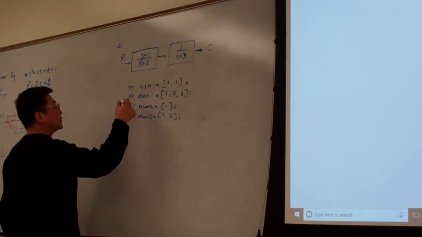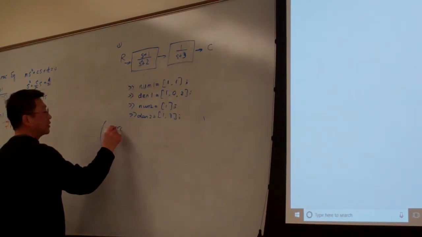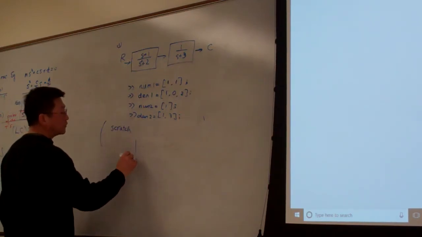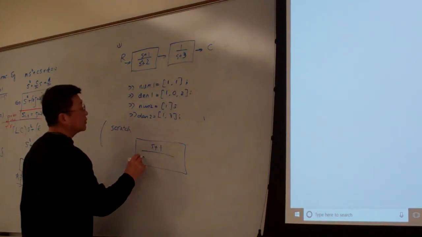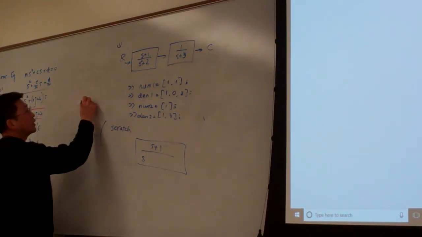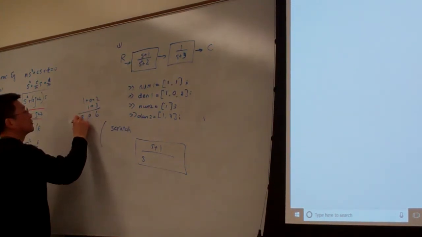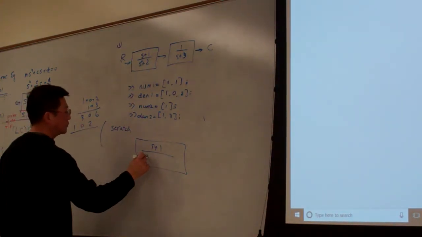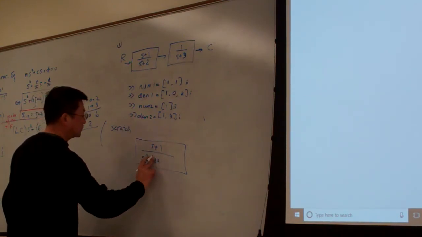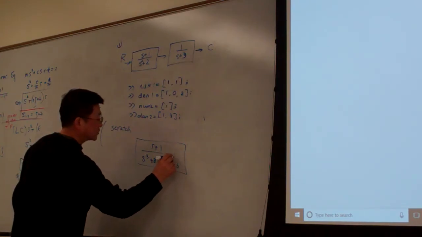Let me do the calculation. This one will be equivalent, this is my scratch. So that one will be equivalent to (s plus 1) and (s squared plus 0 plus 2), (s plus 3), which gives 3 plus 3s plus 2s plus 6.